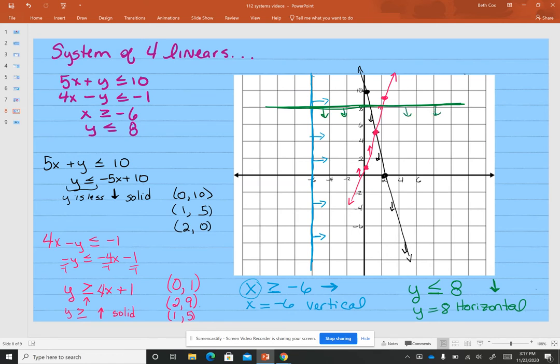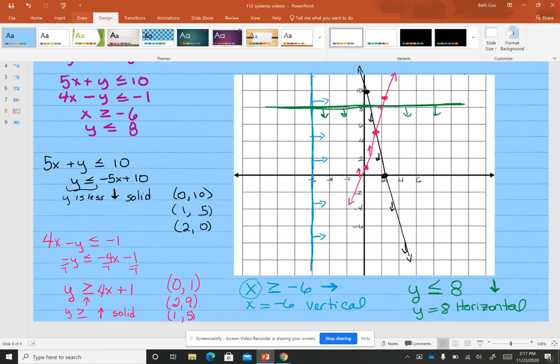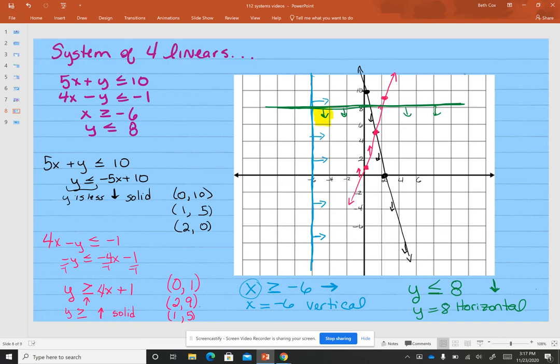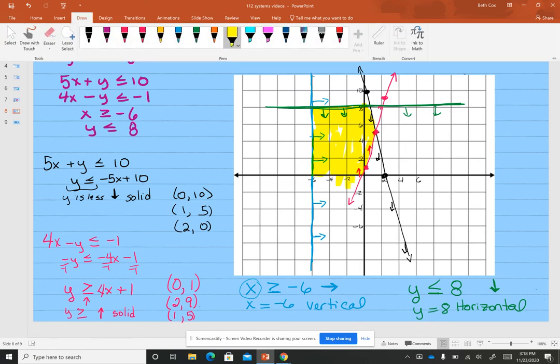Now, look very carefully. It's kind of hard to see. But my blue and my green, bringing out this little section here. And notice my pink and my black. Okay, this little piece right here, and actually I need to stretch my pink outline.